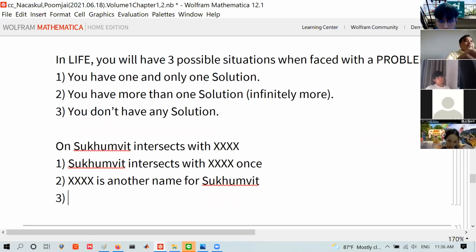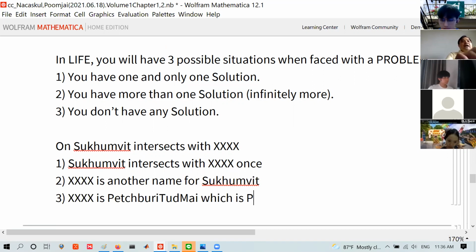Or three, XXX is Phetchaburi, which is parallel. Right? So you don't have any solution.